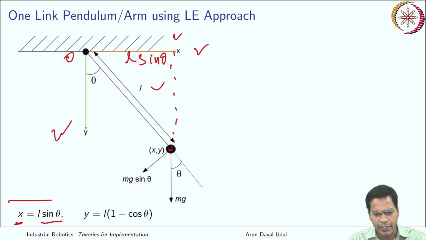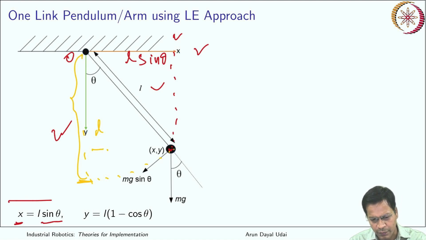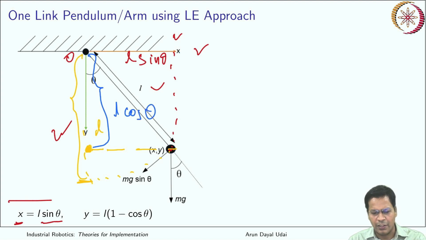So how much is your y? When it is totally at the bottom of this trajectory, this total length was L. When it goes to this point, the projection comes here. So how much is from here to here? Till here it is L cos theta.